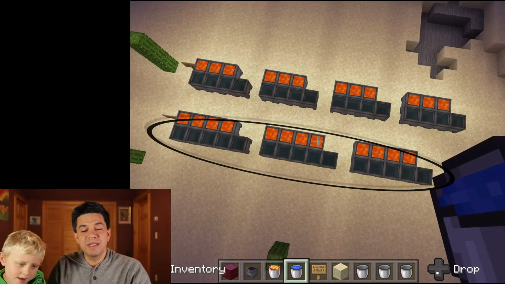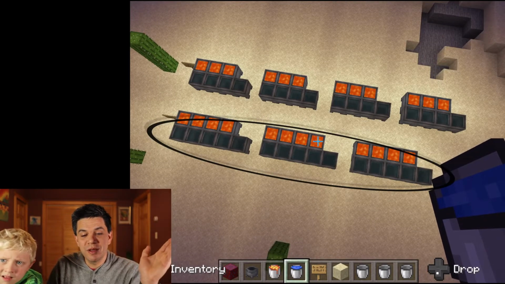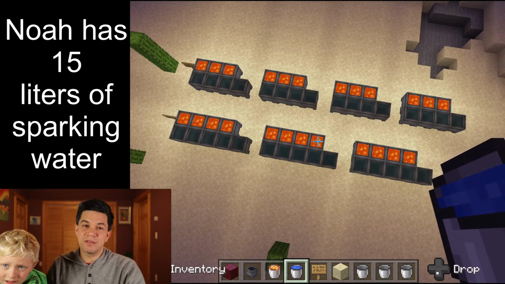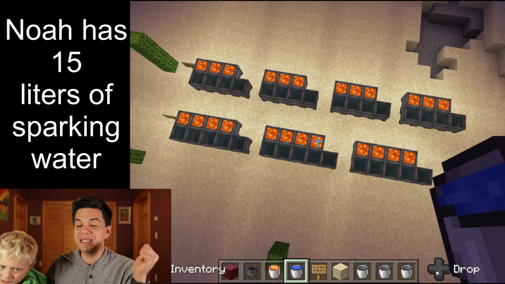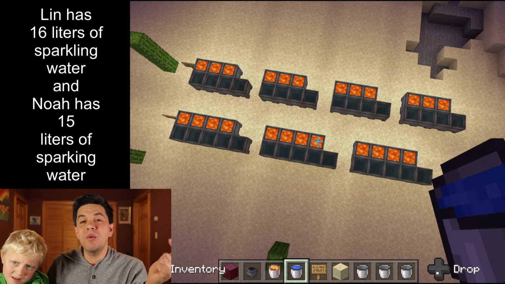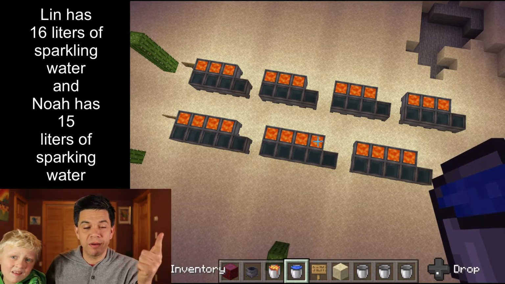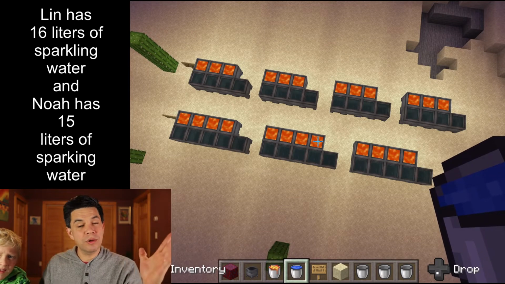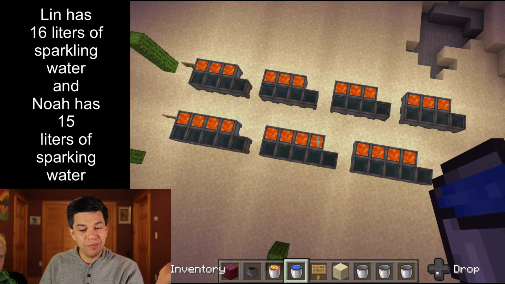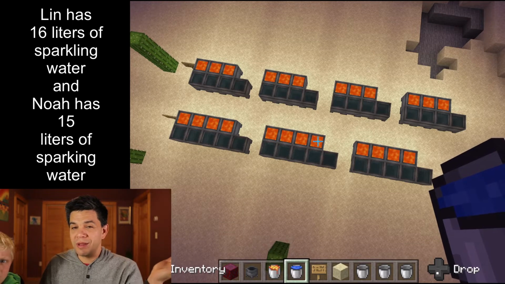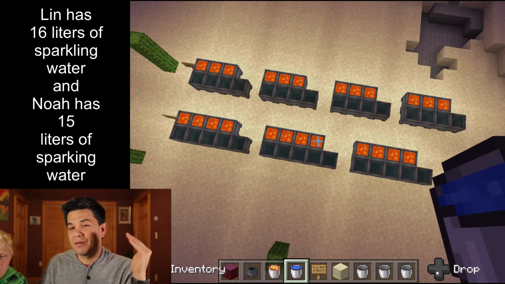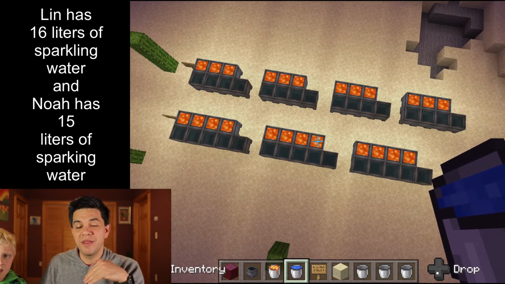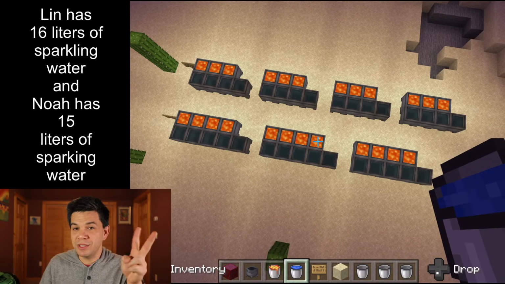In Noah's mixture, he's got 12 liters of orange juice, but he has 15 liters of water. Okay, Lynn has 16 liters of water. Noah has 15 liters of water. They have the same amount of orange juice, so one of them is going to be a little more watery than the other, and one of them is also going to be a little more juicy than the other. These are not equivalent ratios, okay?